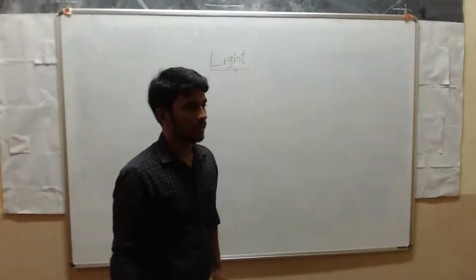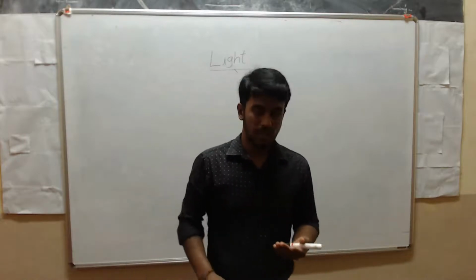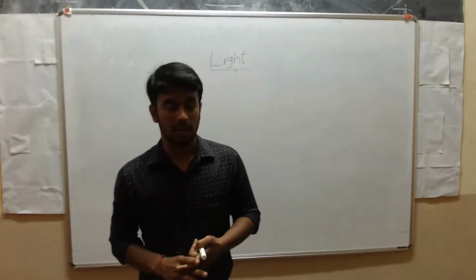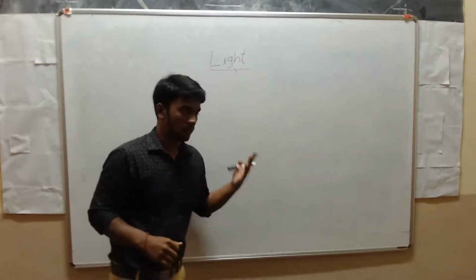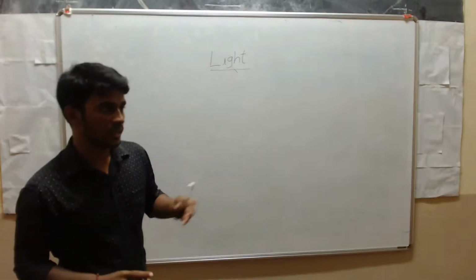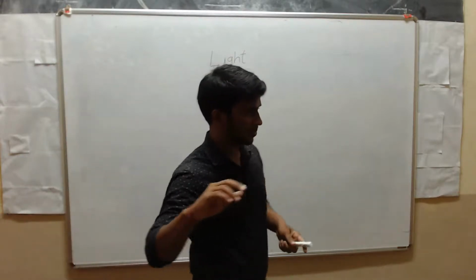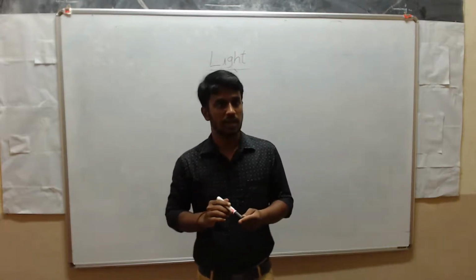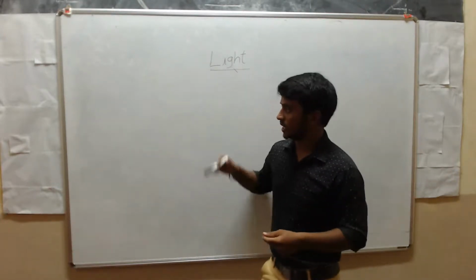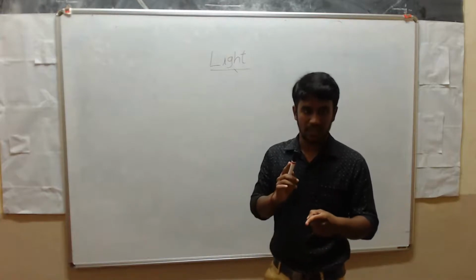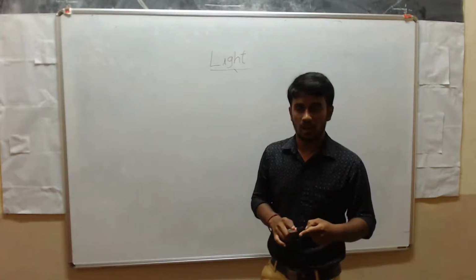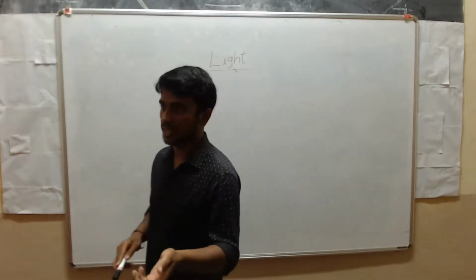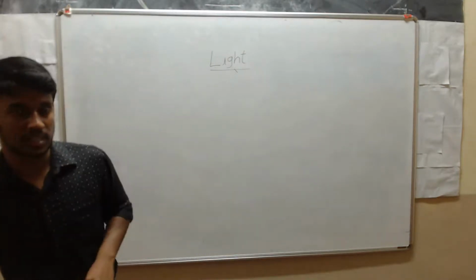Till now you have studied image formation in concave and convex mirrors. If you keep the object at infinite distance, then you will know the position of the image. If you keep the object at C, you will get the image at C only. When you keep the object at F, you will get the image at infinite distance.